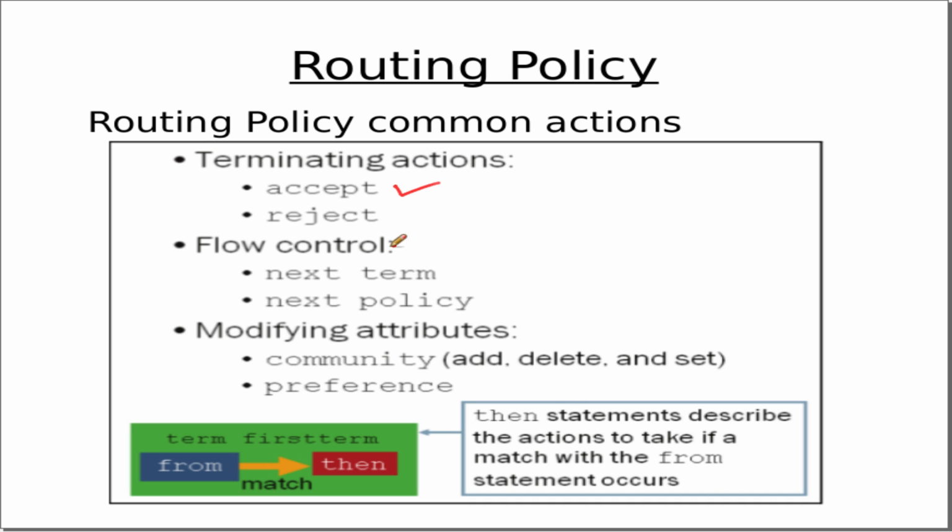Rather, it should be made to be compared with the next term or maybe even the next policy. So these are known as flow control actions. Another action type is that we can modify some of the attributes, like I had mentioned earlier, that we can change the next hop or the metric values or even the BGP communities that are used in the BGP routing protocol.